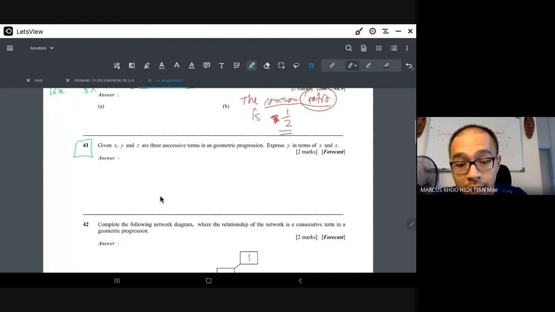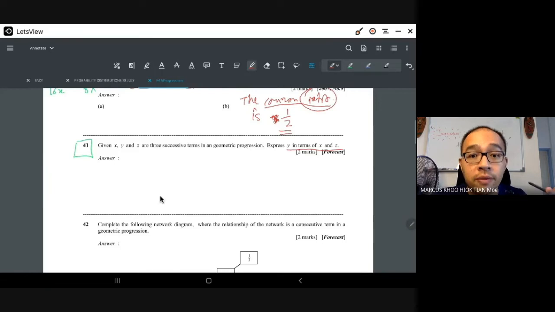I want to start with this question. X, Y, and Z are 3 successive terms in a geometric progression. Means they are in sequence. X first, then Y, then Z. Express Y in terms of Z. Suddenly it asks you to express.